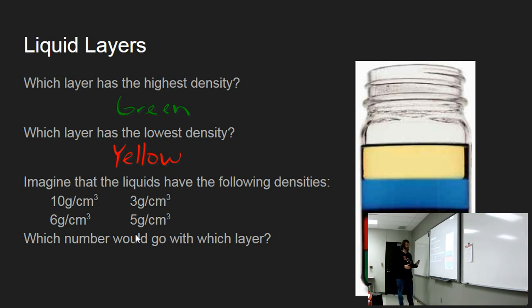So something that has the highest density would probably be green, 10 grams per centimeter cubed. And then red would probably be the next one, followed by blue, which I do have, and the last one, yellow, which I don't have, would be 3.